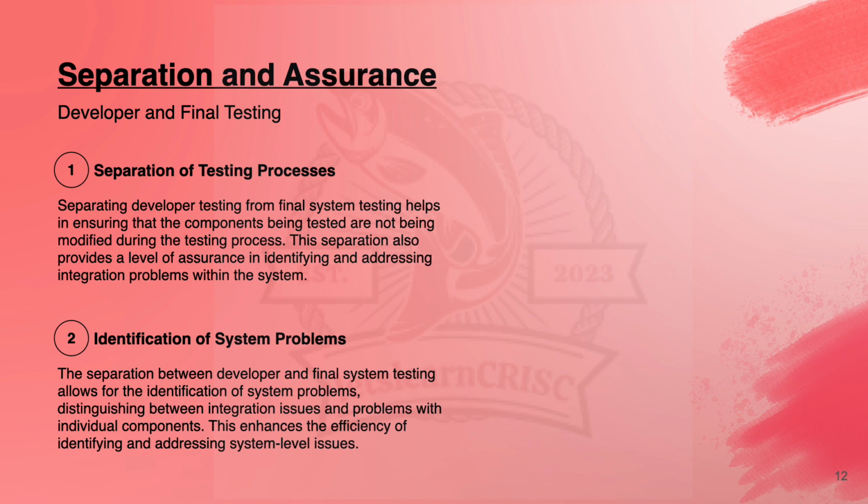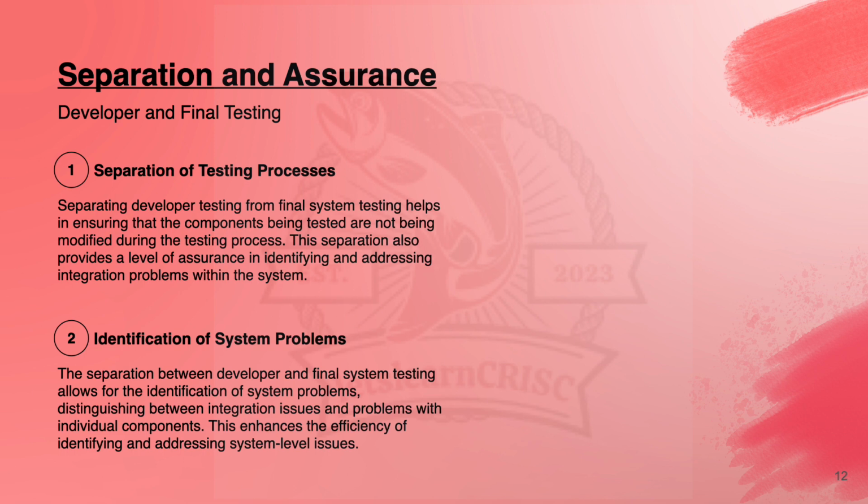Friends, separation allows for a clear distinction between integration issues, which arise when components interact, and problems with individual components, providing clarity during the troubleshooting process. Take an example like differentiating whether an error is due to miscommunication between modules or a flaw in the logic of a specific module.